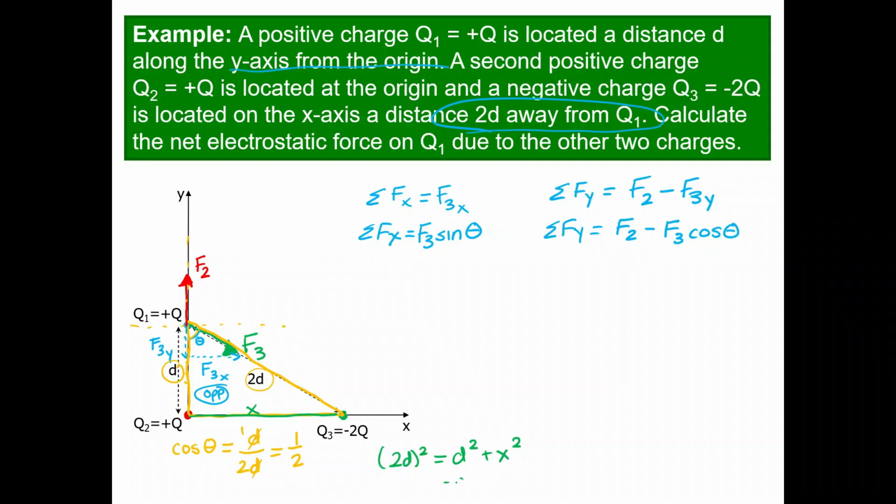So if I subtract the d squared to the other side, I get that x squared is equal to 2 squared, which is 4 times d squared, minus d squared, so that's going to be 3d squared. So x squared equals 3d squared. So you take the square root on both sides. So x is going to equal the square root of 3 times d.